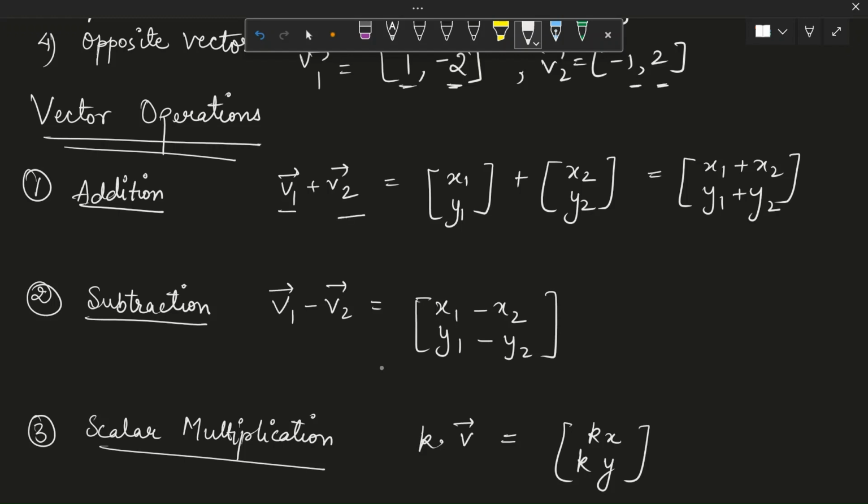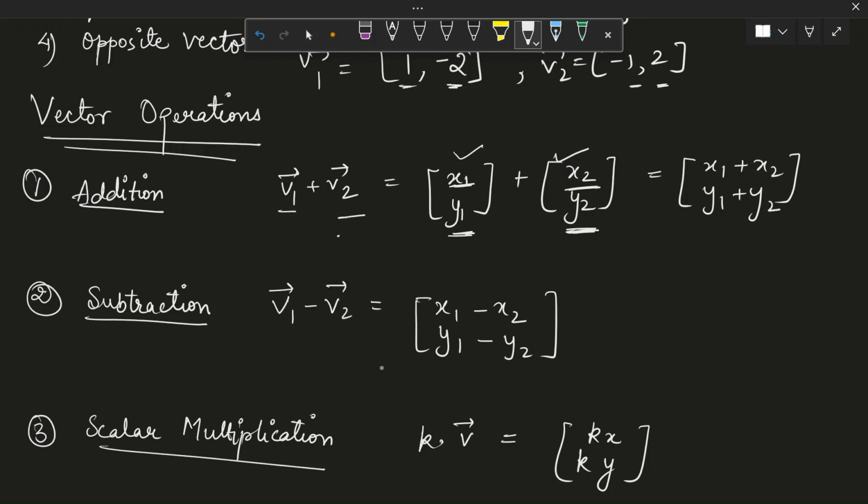Suppose we have two vectors v1 and v2 and these are their corresponding elements. These are column vectors, and for adding these two vectors, we will add the corresponding elements, that is x1 plus x2, and for the next we will add y1 plus y2.